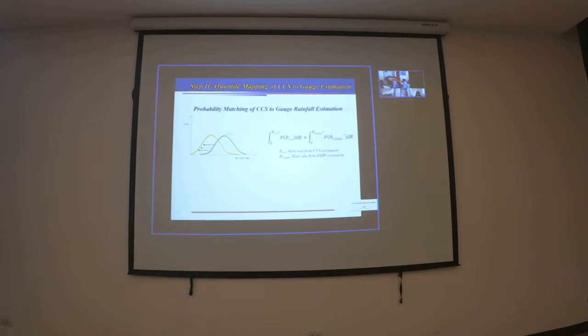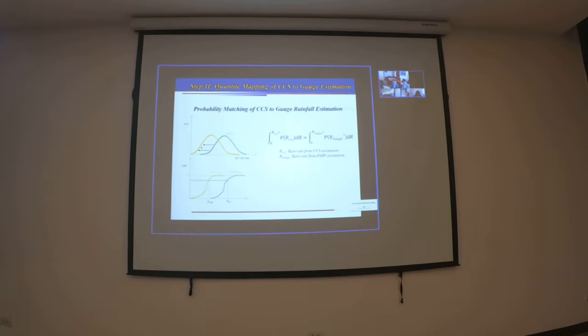To do this, we actually work over the accumulated distribution: we accumulate the probability function, so that instead of a PDF, you get a CDF in the bottom panel here.